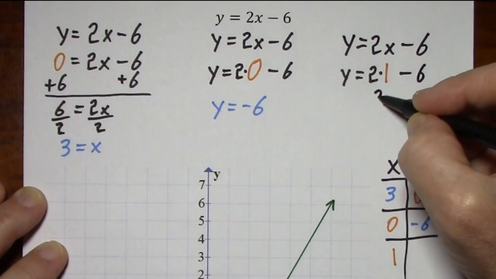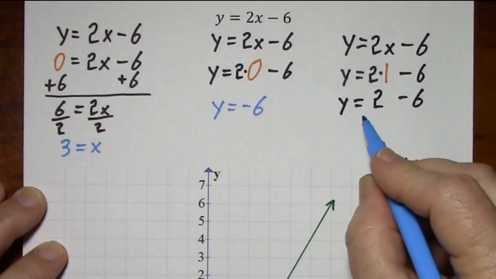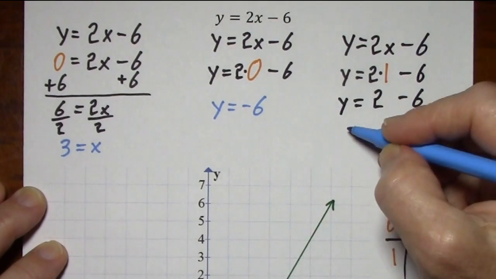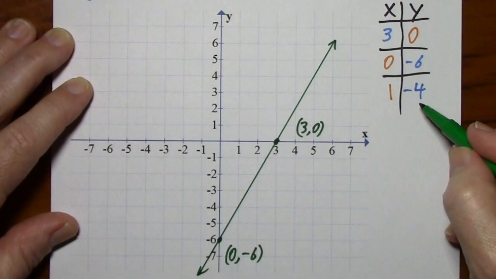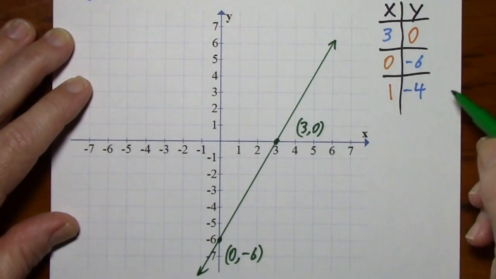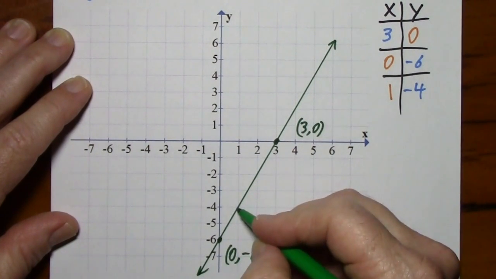So that clearly is 2. So we have y is equal to negative 4. Put that on the chart. And let's hope the ordered pair 1, negative 4 lands on the line. Over 1, down 4. There we go.